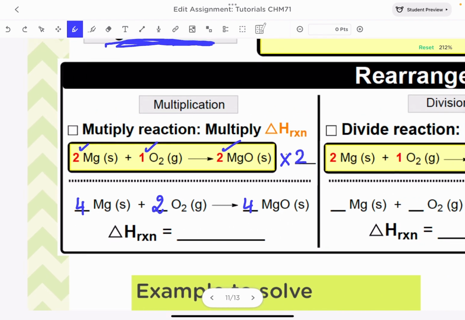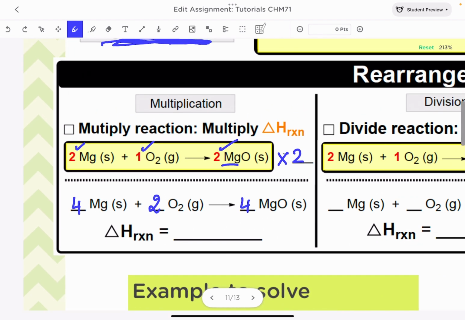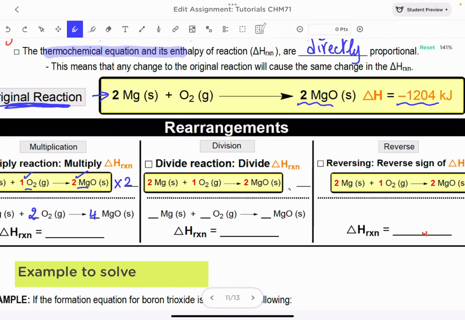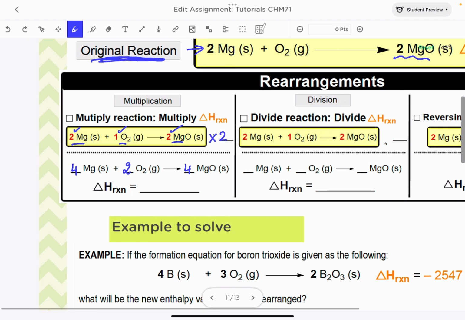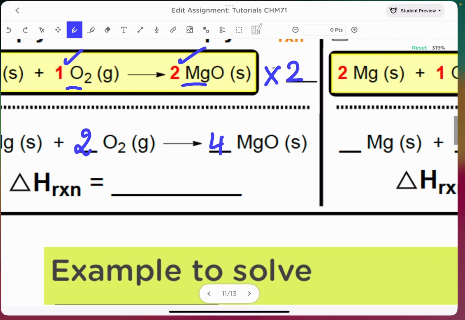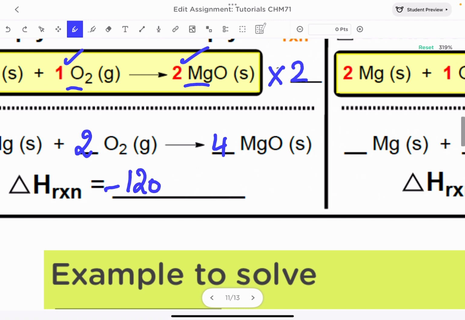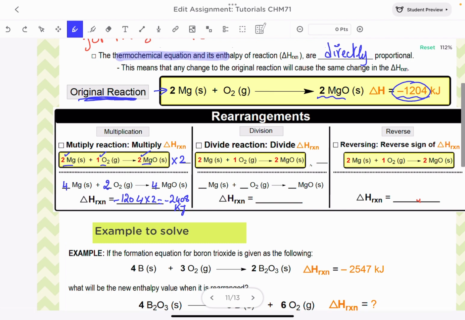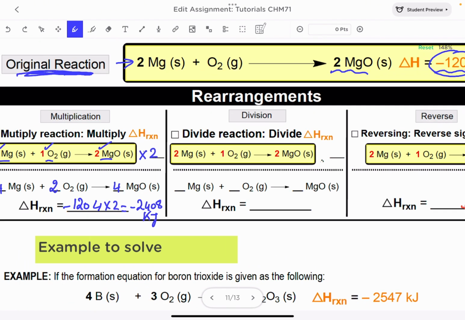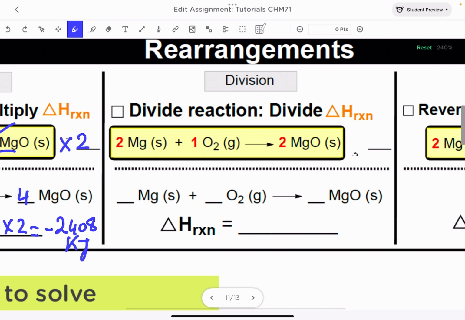And just as you multiply the reactants and products by a coefficient, you will also multiply the enthalpy by that coefficient. So it's going to be negative 1204 multiplied by 2, so negative 2408 kilojoule. So if you multiply your equation by a coefficient, the delta H is also multiplied by this coefficient.